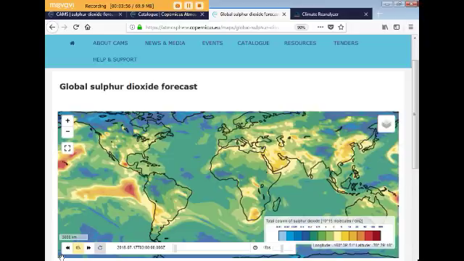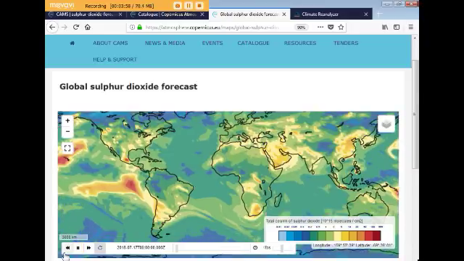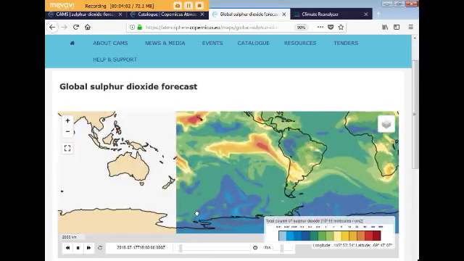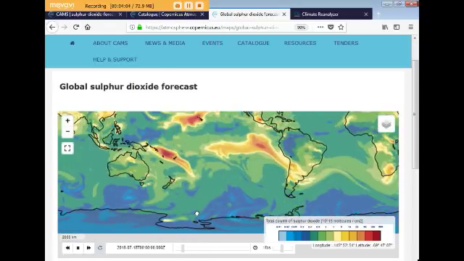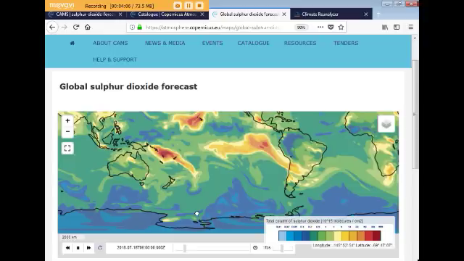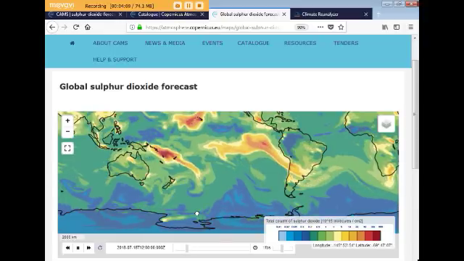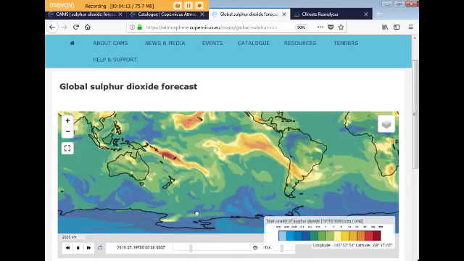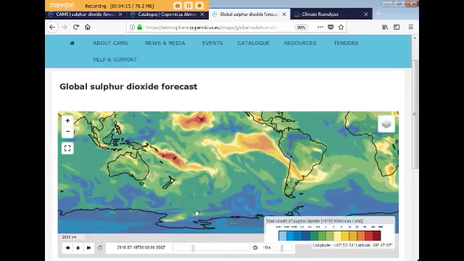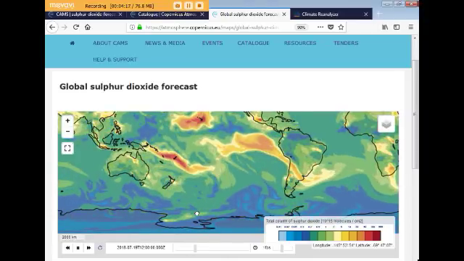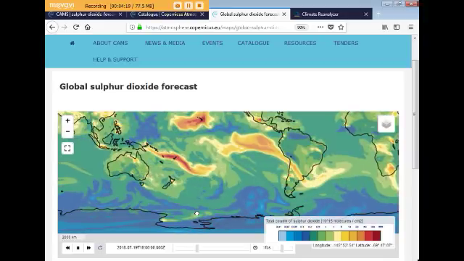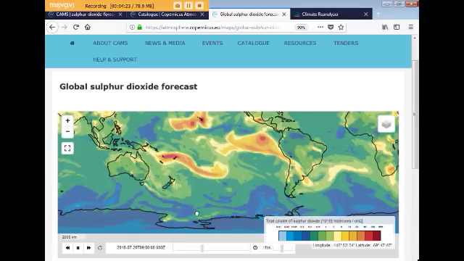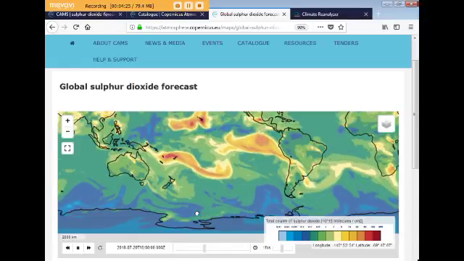Now while this movie loads, I'm going to grab the map and pull it up, and if you look down to the left of my mouse, you see the cream colored plume coming out from down to the left. That's where Mount Erebus is releasing the sulfur dioxide. It's constantly releasing.